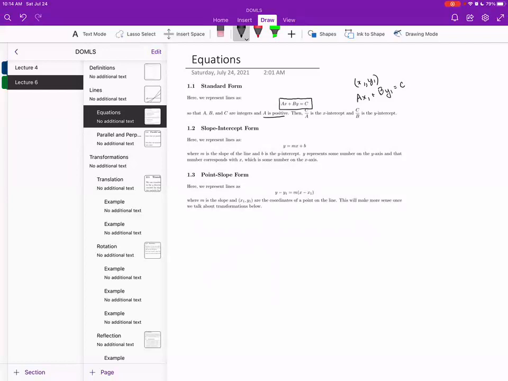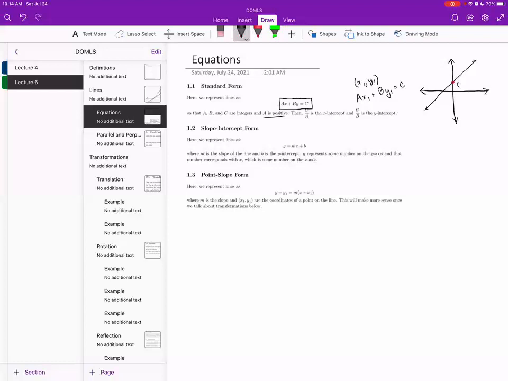So why does this work? If we look at the x and y intercepts, here's a plane and a line. Notice that the y-intercept is going to happen when x is equal to 0.